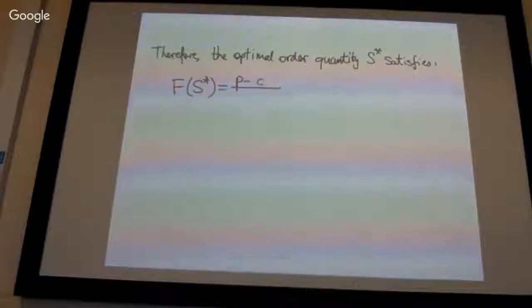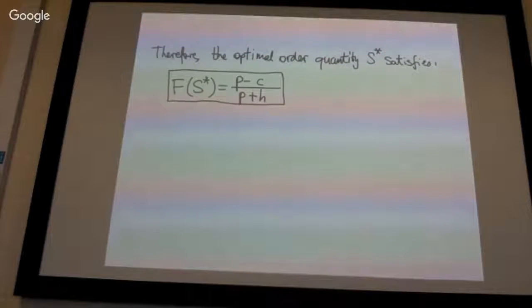So P minus C divided by P plus H. Okay, and now the rest is easy.